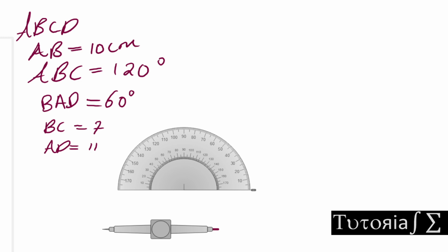So we're constructing a quadrilateral ABCD where AB is 10 centimeters. The angle ABC is 120 degrees. BAD is 60 degrees. You can construct whatever shape you're constructing by just following everything in sequence.